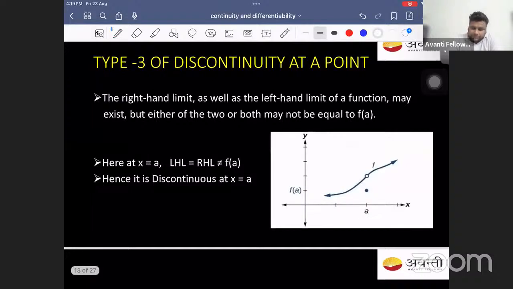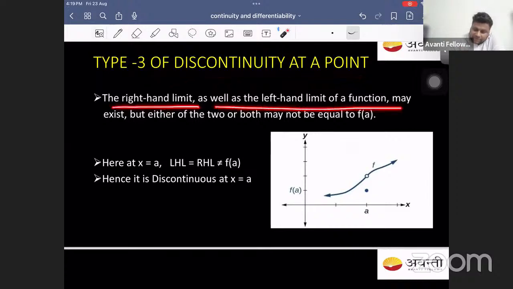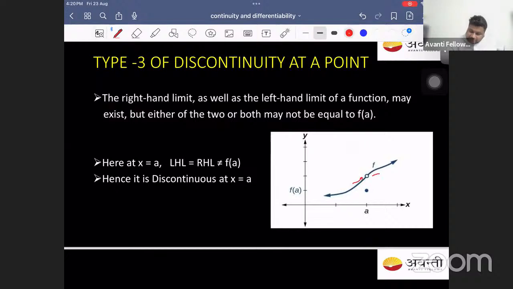Now, type 3 of discontinuity. The right hand limit as well as the left hand limit of the function may exist, but either of the two or both may not be equal to f of a. Like in this particular example, the limit is existing, but it is not equal to the value of the function at this point.